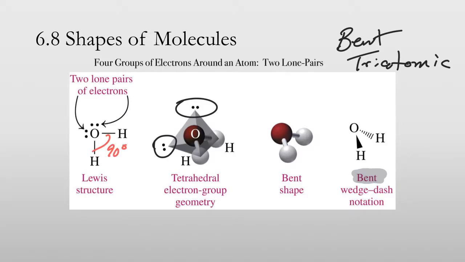In reality, the angle is close to 116 degrees, I believe, which is bigger than 90, so that's good. And so you get this bent shape. But it too assumes a tetrahedral geometry.